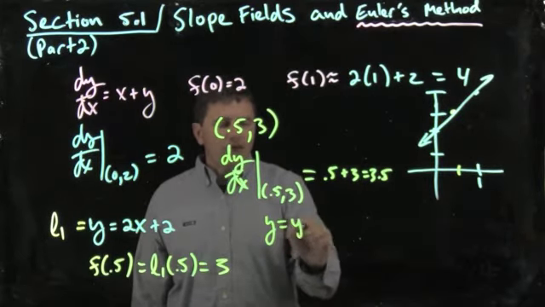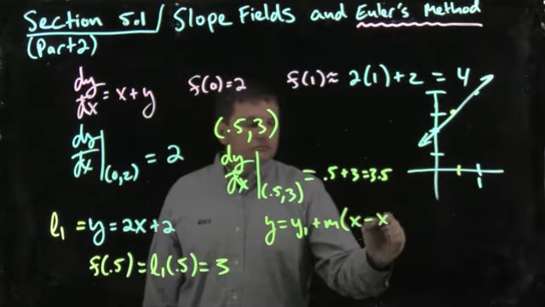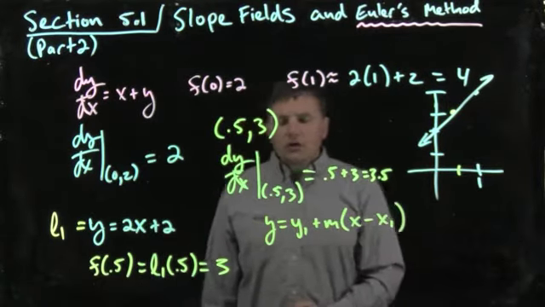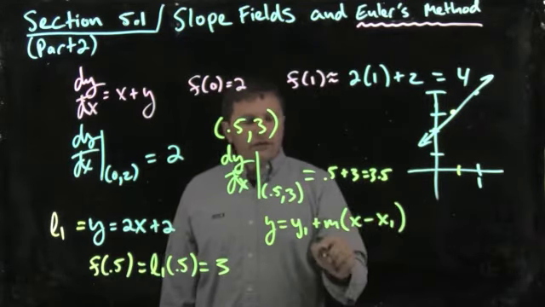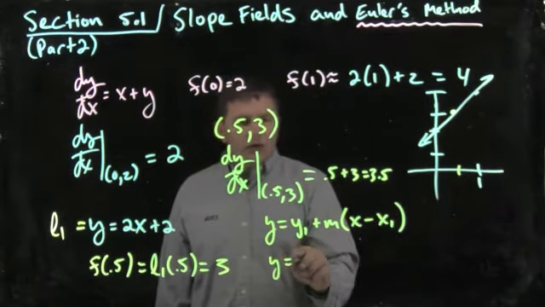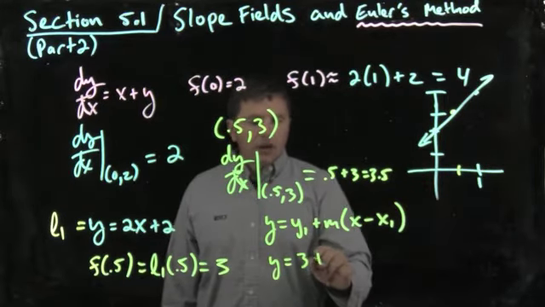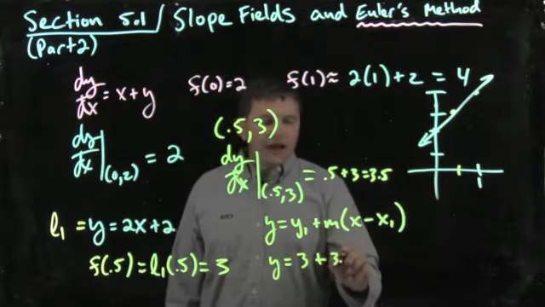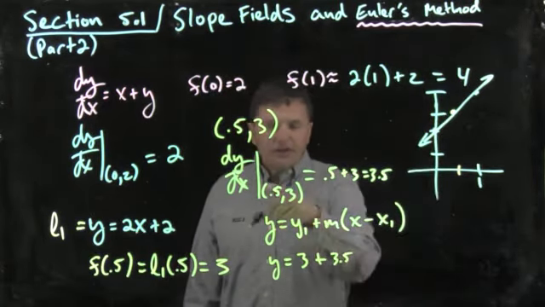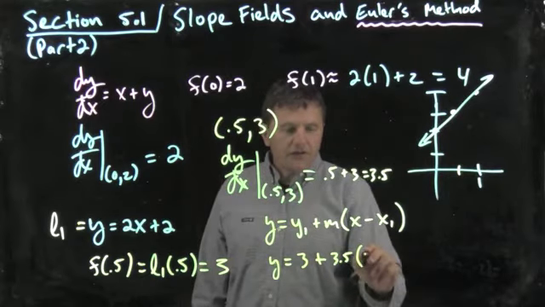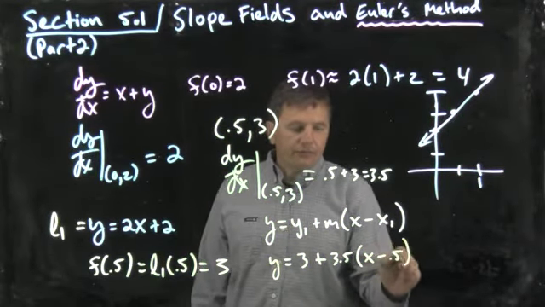I'm going to put the y1 on this side. Now we're going to plug in this point. So this will be y equals 3 plus 3.5 as my slope. So we're just writing a tangent line from here based on this differential equation, and this is going to be x minus 0.5.